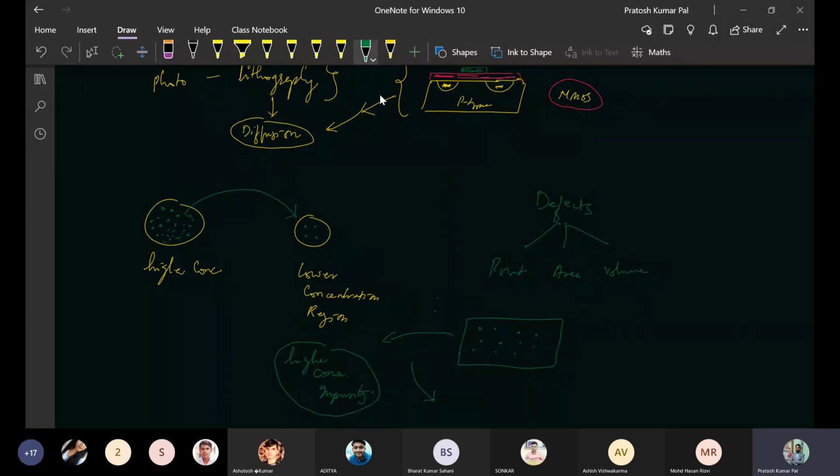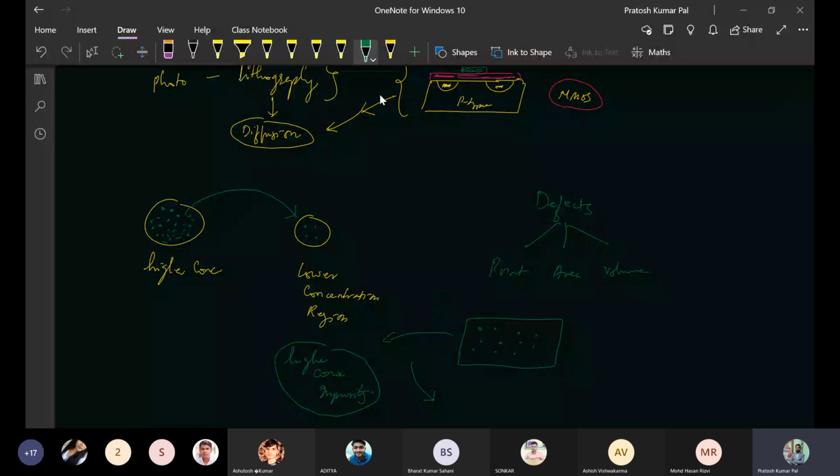If more defects are available, that means more spaces will be available to accommodate outer atoms, or you can say dopants, or we call them impurities. If the crystal has available spaces in the form of interstitial or substitution spaces, those defects will provide a place for the impurities.